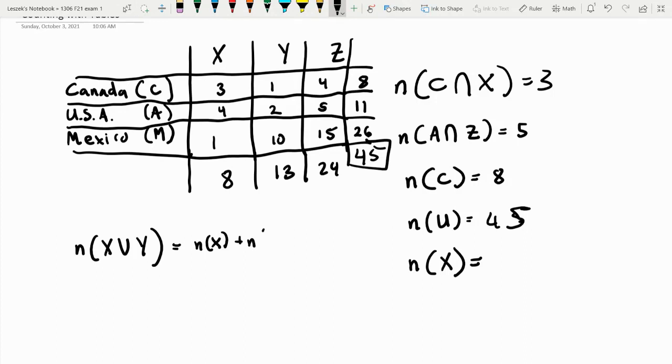And these tables are set up where these are disjoint, distinct categories, right? We don't have people who like both X and Y. So the intersection is just empty here. That's 0. So 8 plus 13. Yeah, we're just adding these people.